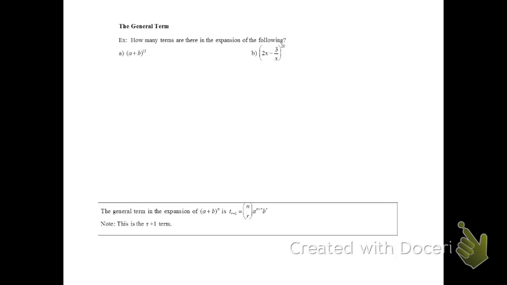In this question it says, how many terms are there in the expansion of the following? We can see that there's a degree of 13 there, so we would expect there to be 14 terms when we finish expanding. And here we see that there's a degree of 20, so we would expect that there would be 21 terms when we finish expanding out.